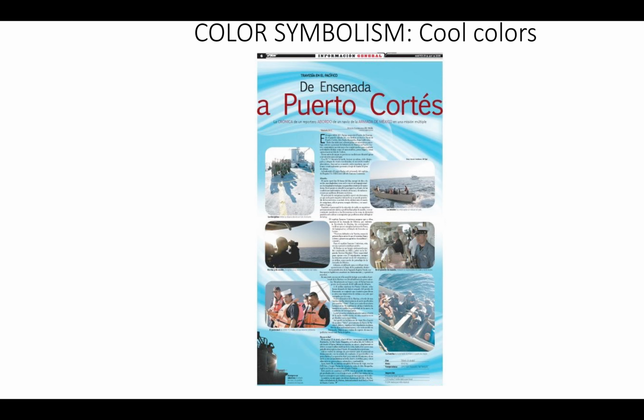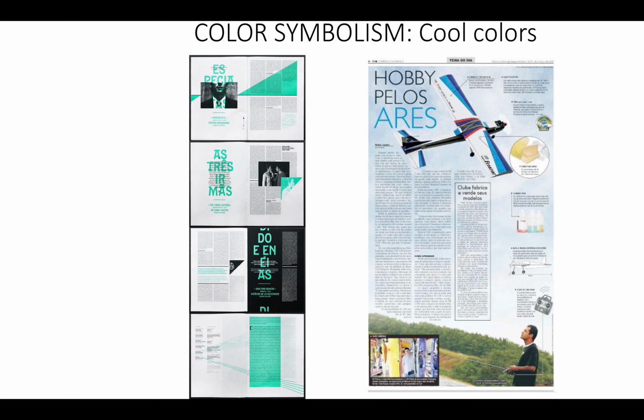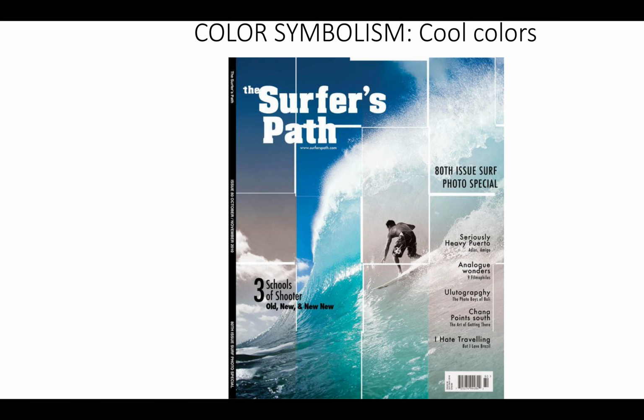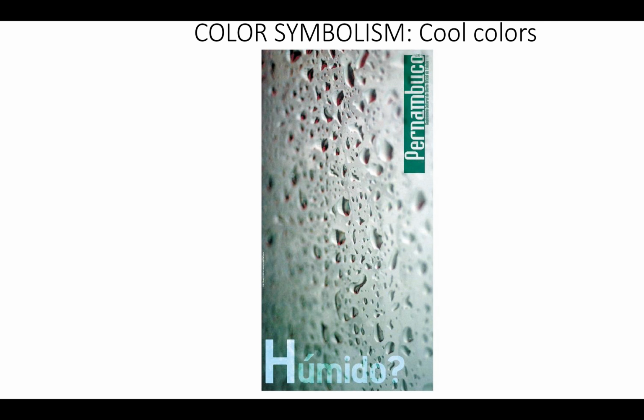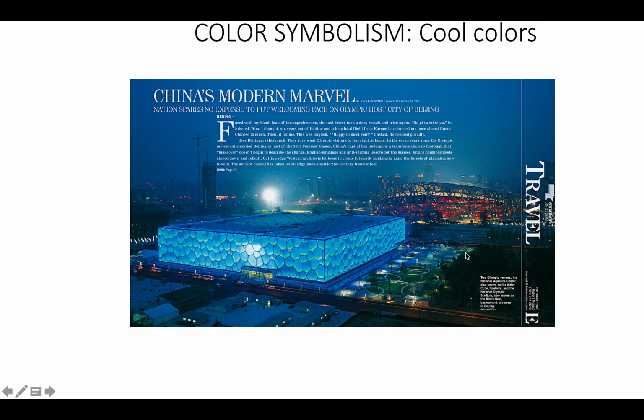So if we look at examples, blues can really work well in a layout to calm the senses and create a more calm aesthetic. And here in this example, we've used a warmer color for the shadowing, and it's also the complement to the green, and it contrasts well.